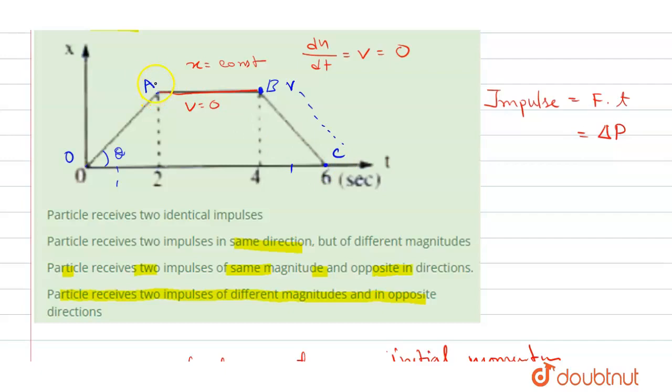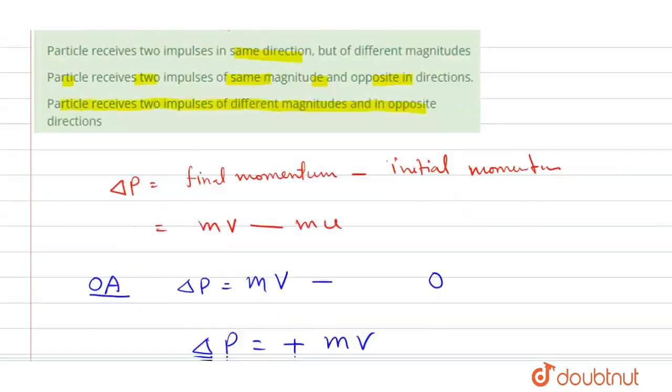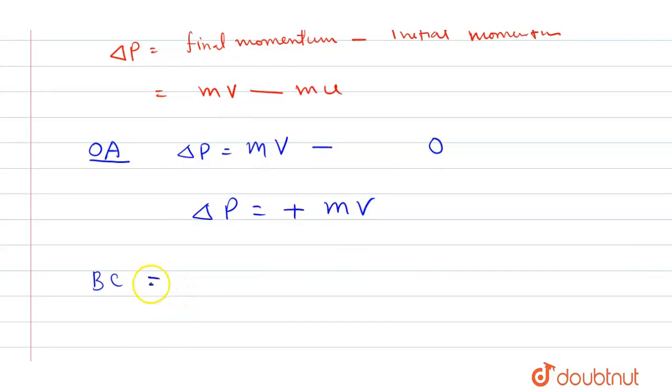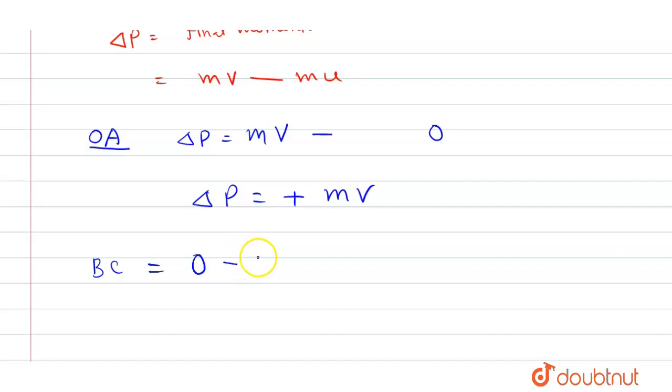Now at A, the velocity is initially v, so at B the same velocity will be possessed by the particle. So here the final momentum will be 0, since velocity at the point C is 0, and minus its initial momentum will be mv. So change in momentum in this case will be minus mv.